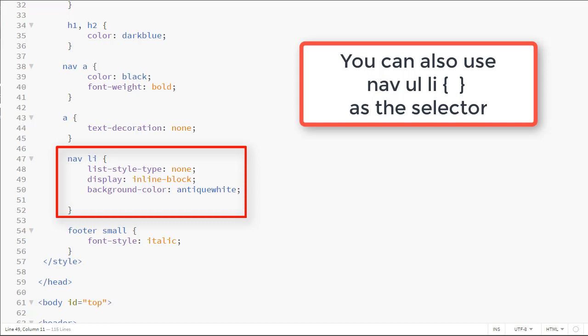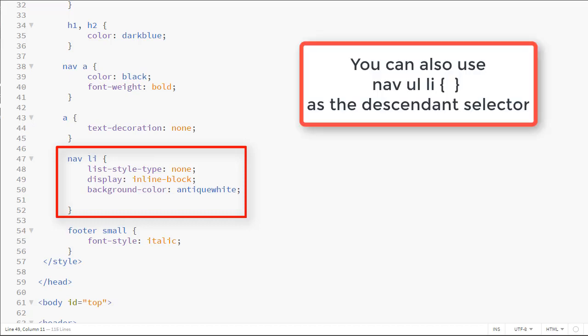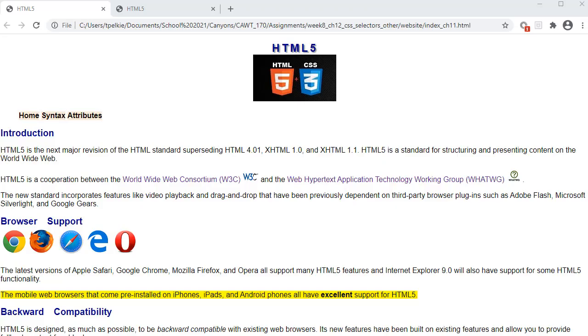So I'm turning my block element into an inline element that also has block characteristics, and I'm setting a background color. These are being applied to the LI element that is inside the nav element. This is a descendant selector. So here we see the final result of our navigation.